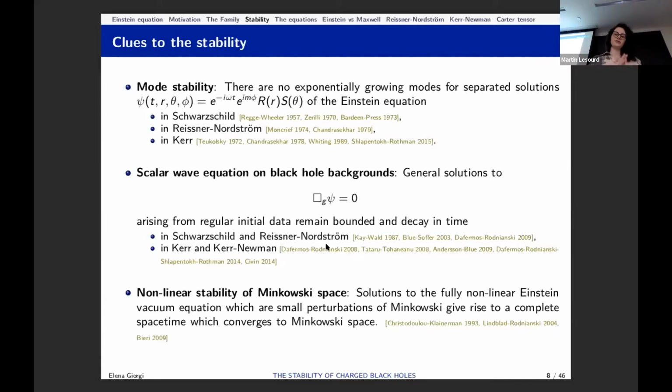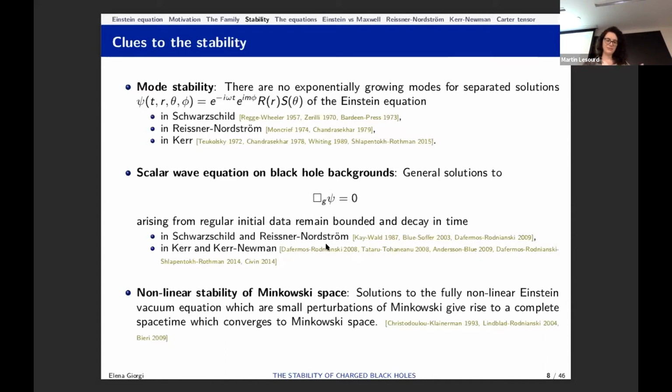So that's the first step. Then about the linear part of the equation, in the last 10-15 years also lots of works have been done about the scalar wave equation on black hole backgrounds by many people, starting with Wald, Blue, Soffer, Dafermos, Rodnianski, Tataru, Donninger, Anderson, Blue.